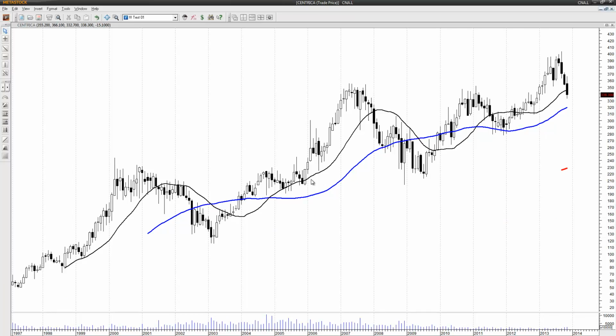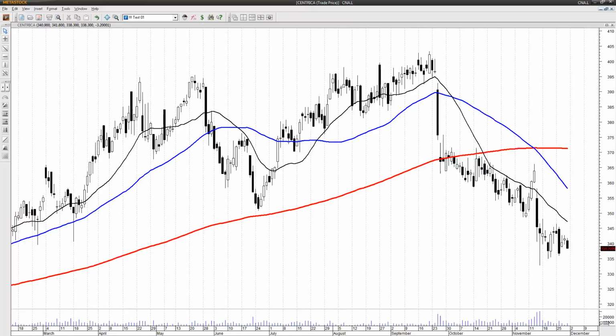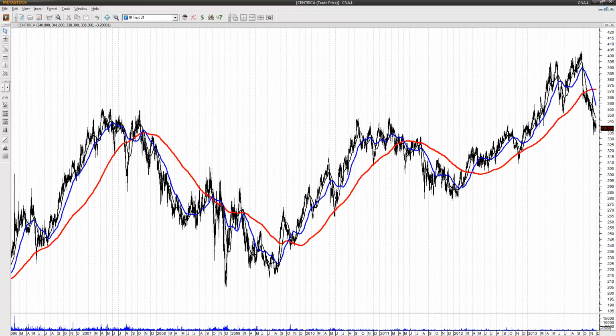Centrica. You probably see it, but it's easy to see it if you have a daily chart. This is the trend line I'm looking at, connecting this trough to this trough, and you have a trend line. And when I calculated this on the penny before the video, I came up with a support level of 329.50.